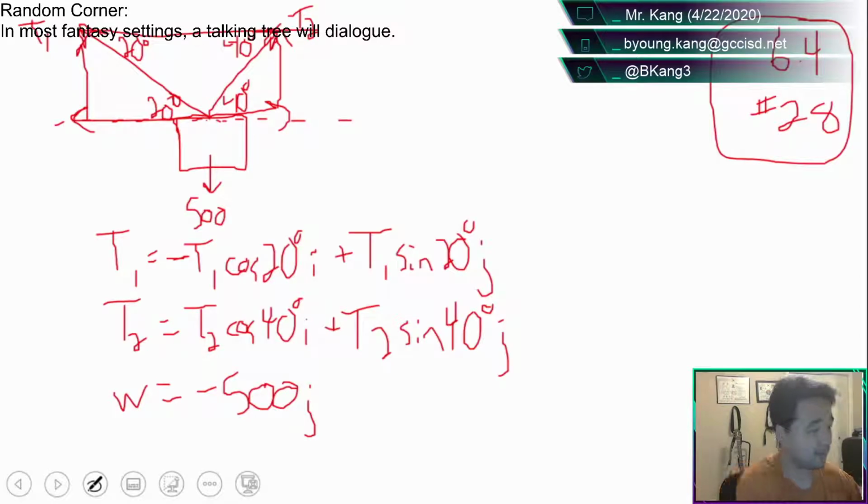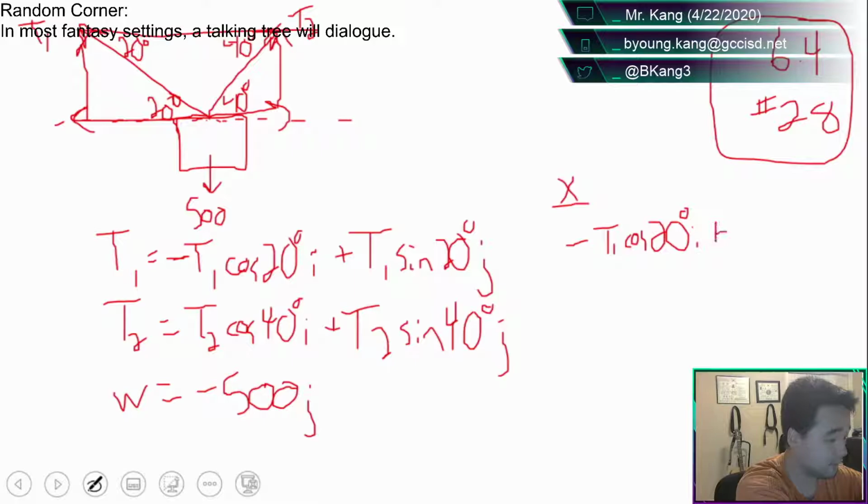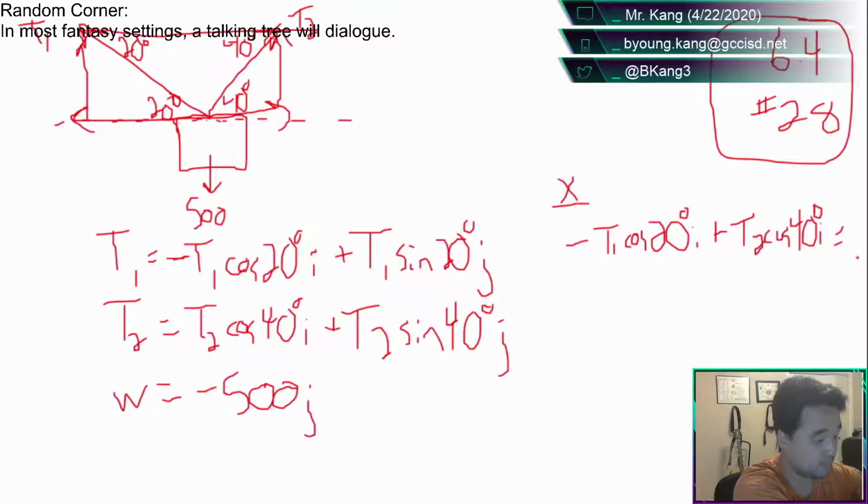Okay, so you got to add all three of these together. So if you just look at the x components, they're supposed to be equal to 0. If you just look at the y components, they're supposed to sum up to 0. So in the x components, you've got negative T1 cosine 20 degrees I plus T2 cosine 40 degrees I equals 0.